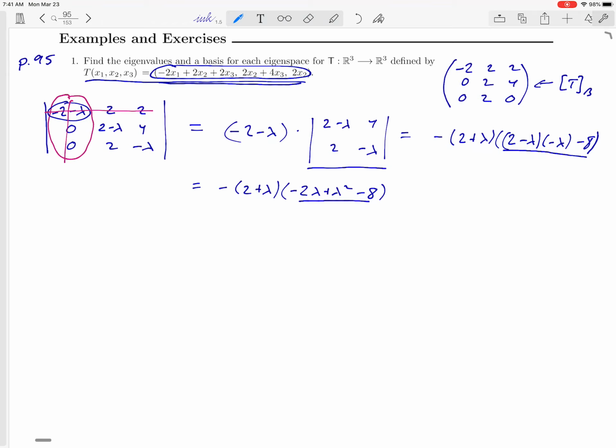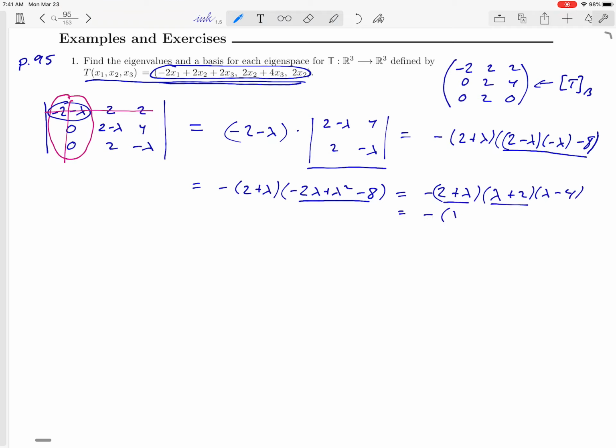If you look at the part in parentheses here, that actually factors. You can double check my work here. Lambda squared minus 2 lambda minus 8 factors as lambda plus 2 times lambda minus 4. We can actually do a little bit better than this.